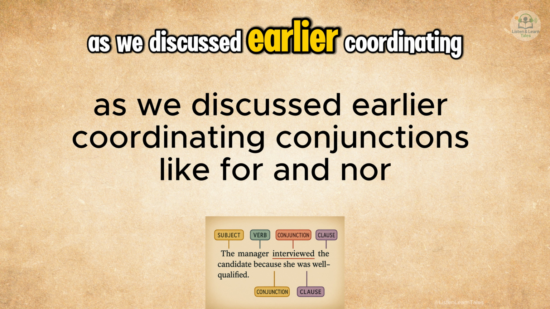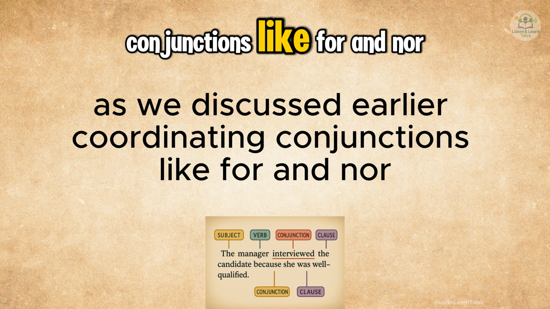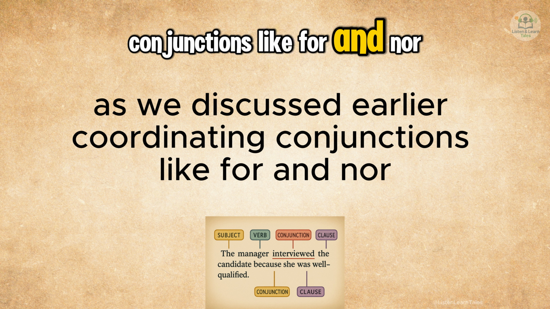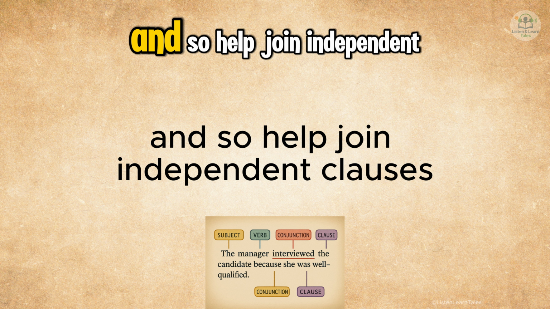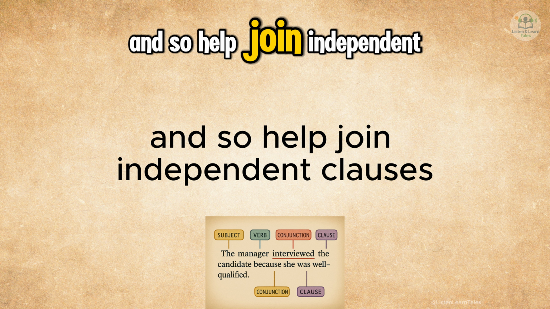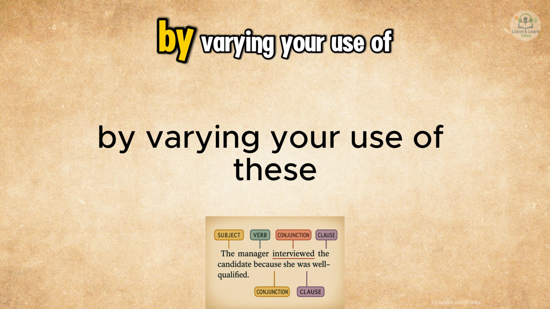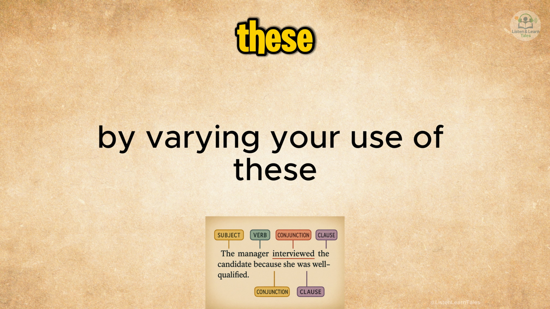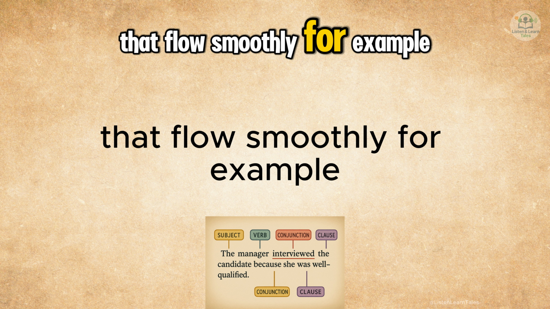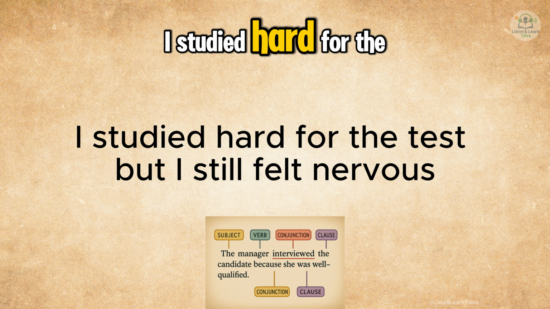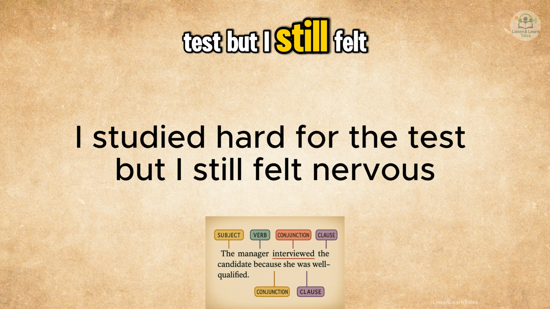As we discussed earlier, coordinating conjunctions like for, and, nor, but, or, yet, and so help join independent clauses. By varying your use of these, you can create compound sentences that flow smoothly. For example, "I studied hard for the test, but I still felt nervous."